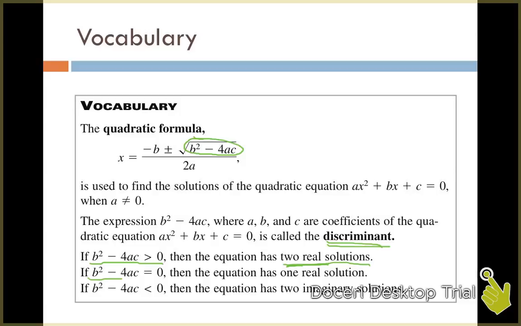If we end up with that discriminant being equal to 0, then that tells us we're only going to get 1 real solution. And if the discriminant ends up being negative, less than 0, then that tells us our equation has 2 imaginary solutions. So as you are setting up your quadratic formula, you can look at your discriminant midway through the process to give you a forward look of what to expect for your solutions, and use that as a quick double check.